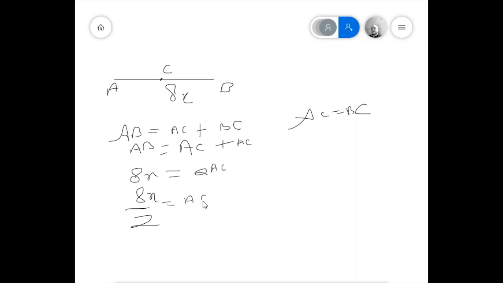When we divide 8x by 2, the result is 4x equals AC. That is the required answer. Hence the length of both the line segments is 4x units each.